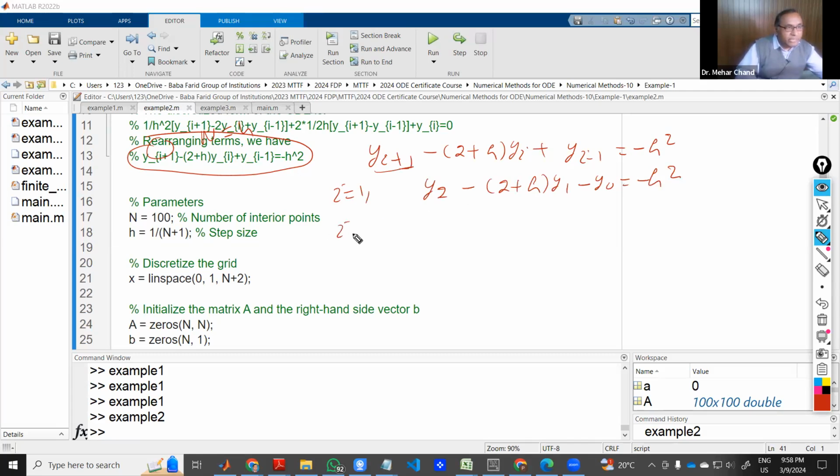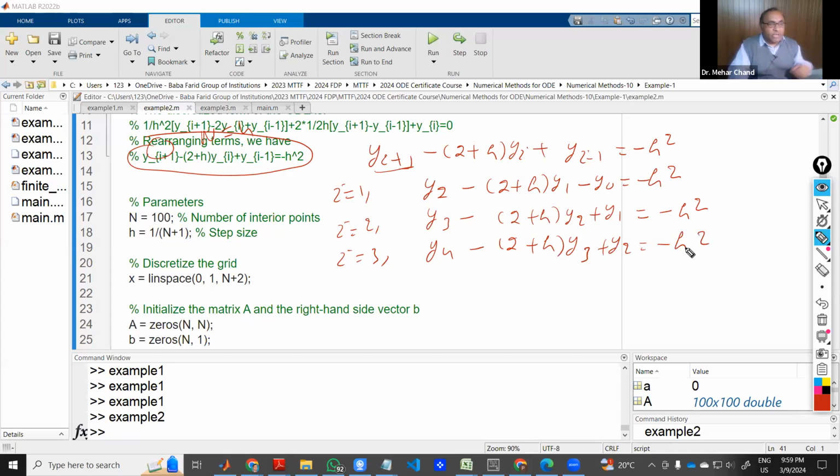Then you take i equal to 2. This will be y3 minus 2 plus h y2, and y1 is equal to minus h square. When we have i equal to 3, then we have y4 minus 2 plus h y3, and y2 is equal to minus h square.